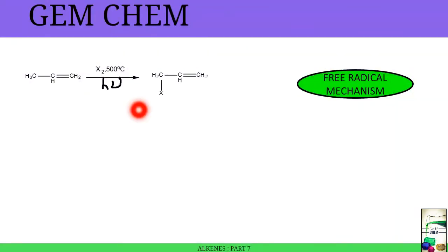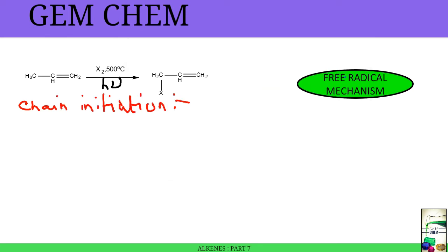Now, we will see this reaction mechanism. See this one here, this carbon is having 3 hydrogens, one of the hydrogens is being substituted by X, that is halogen. So, we will see the free radical mechanism right now. First, for a free radical chain mechanism, the first step is chain initiation.